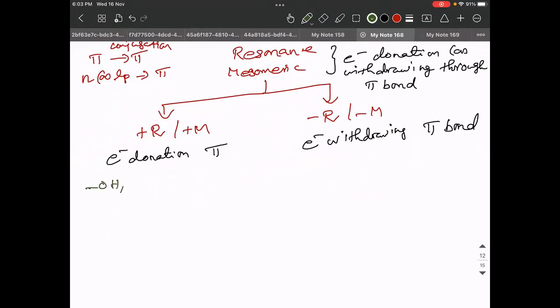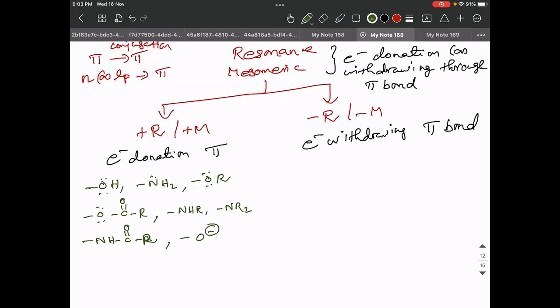OH, NH2, OR, OCOR, NHR, NR2, NHCOCH3, COR, O minus.